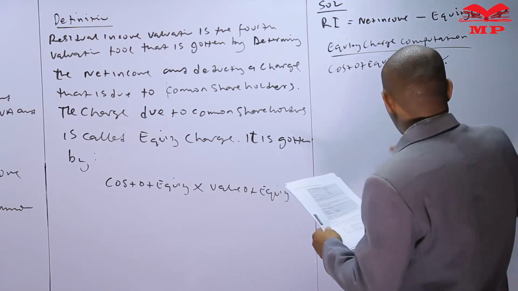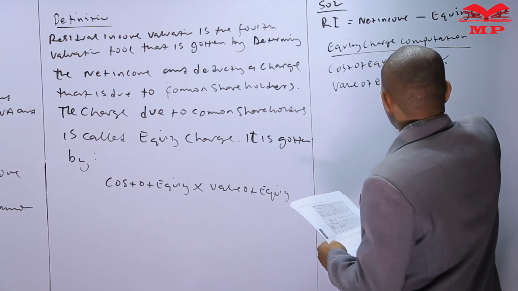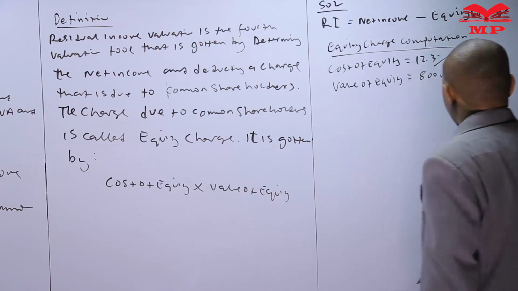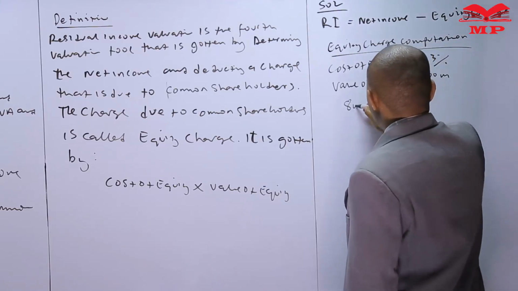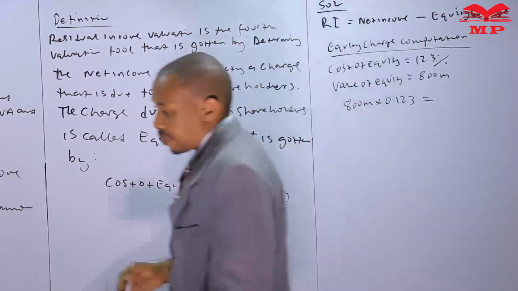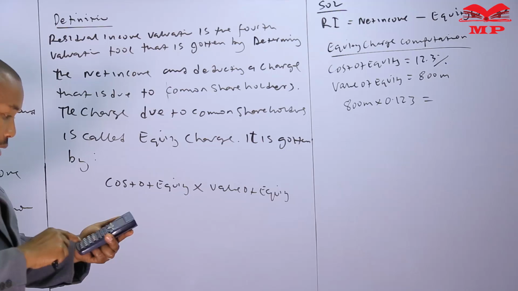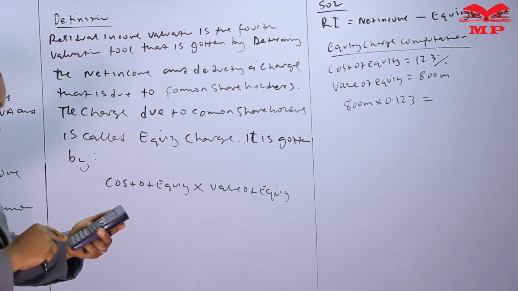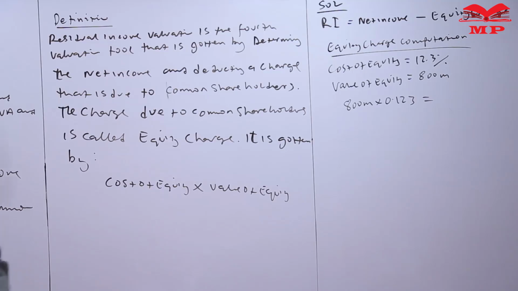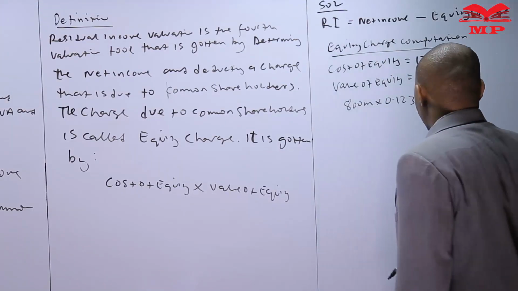And the value of equity, or the equity component, is 800 million. So 800 million multiplied by 0.123 gives us 98.4 million.